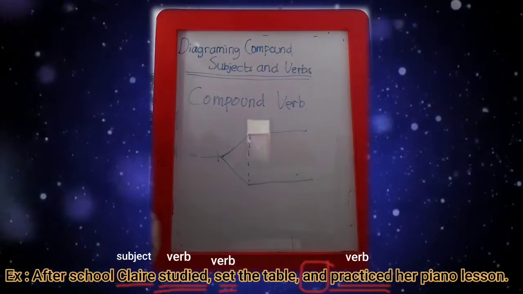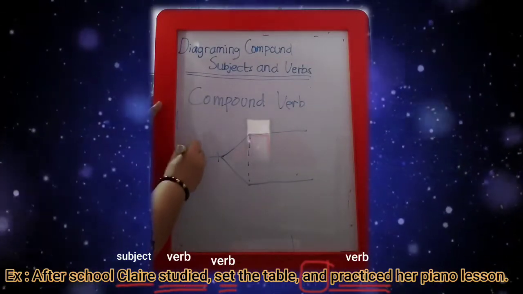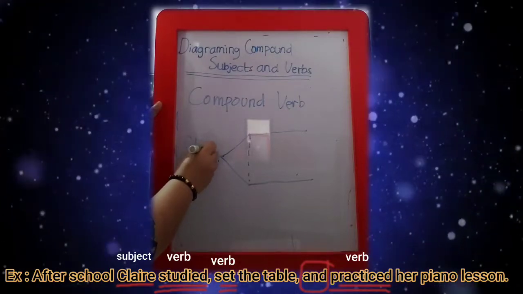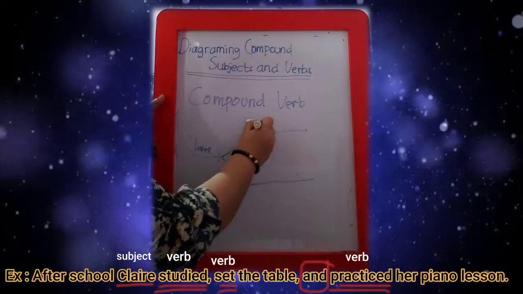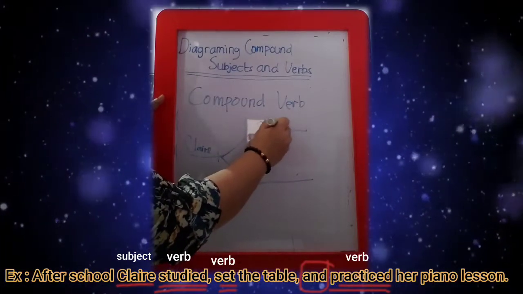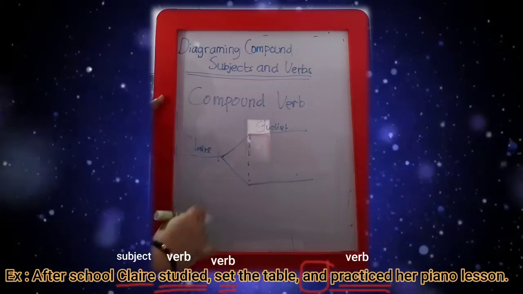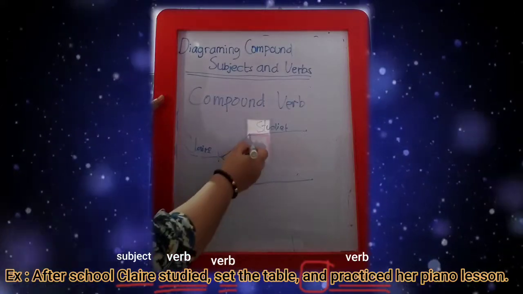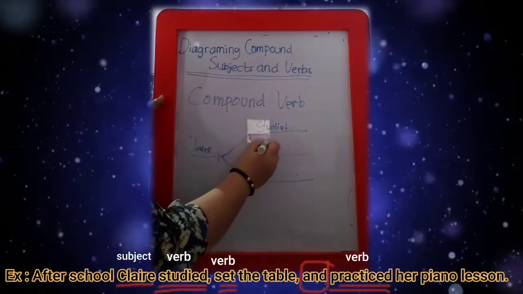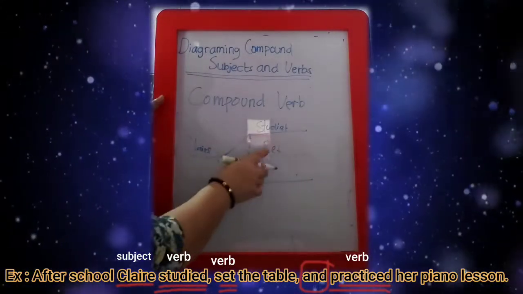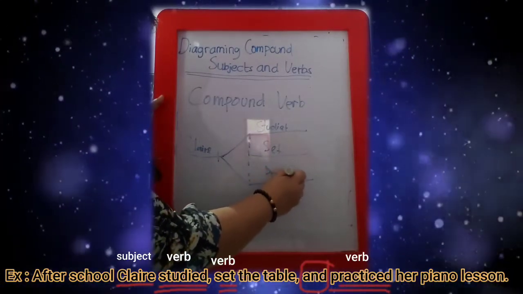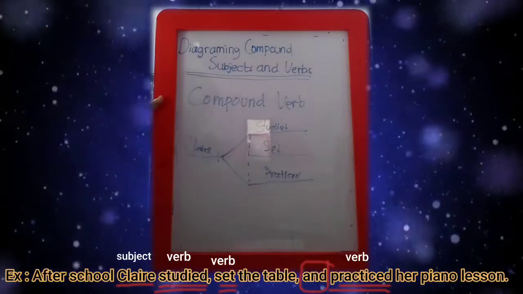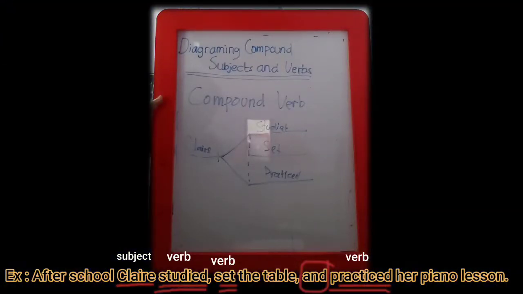Where is the subject? Yes, the subject is Claire. And where are the verbs? Yes, studied. And then there are 3 verbs, so we have to make lines: studied, set the table, and practiced. And where is the joining word? And.